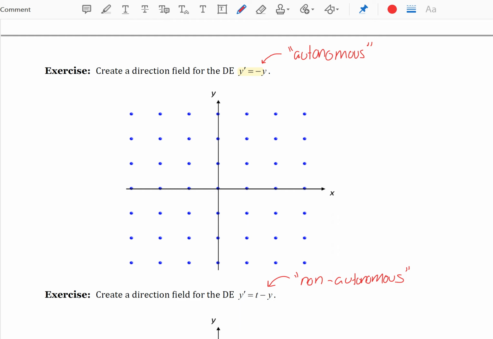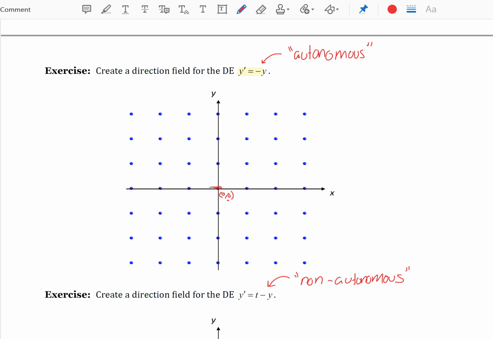So when we start drawing our slope field elements, for example, if we pick 0, 0, our differential equation only depends on the y coordinate. So even though the ordered pair is 0, 0, all we use is the y coordinate, which says the slope at 0, 0 would have to be 0 and would look like this.